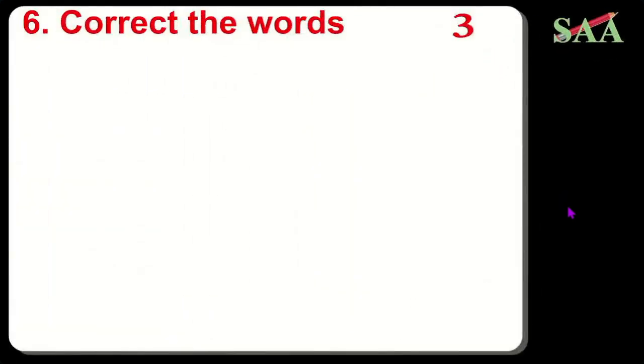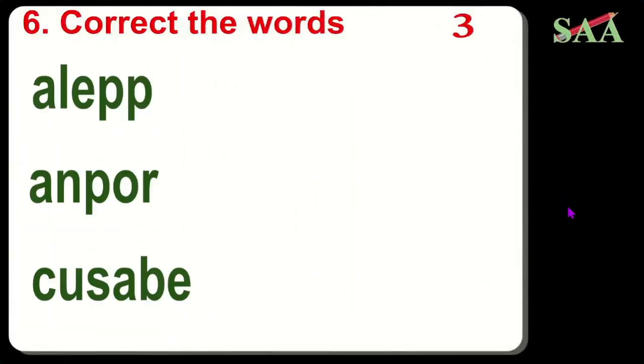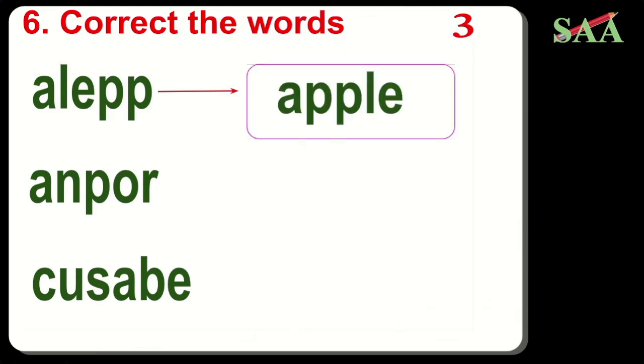Now here, correct the words. This is in the wrong form. What will be the correct form? Apple. Okay, so tell me the spelling. A. Double P. L. E. Yes, good. Apple. What will be the second one?